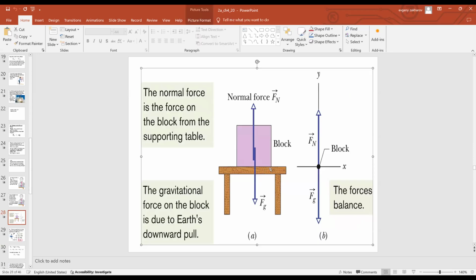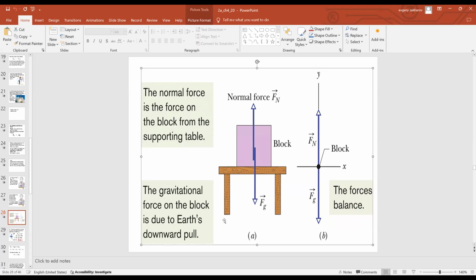So this is your diagram to solve dynamics problems. That's the block of something sitting on the table, and two forces act: gravity and normal force. Instead of a block, you can draw a point because we're still talking about particles, and show normal force upward, gravity downward, x and y axis.